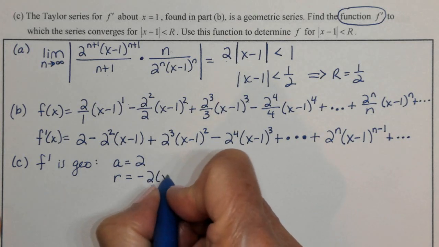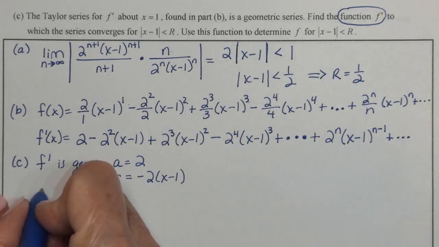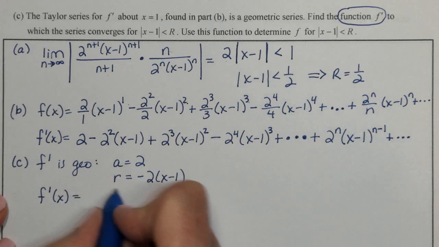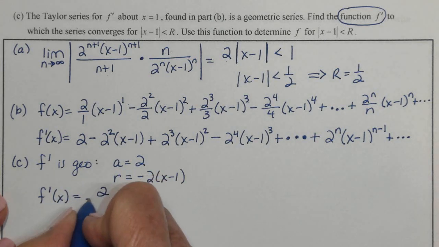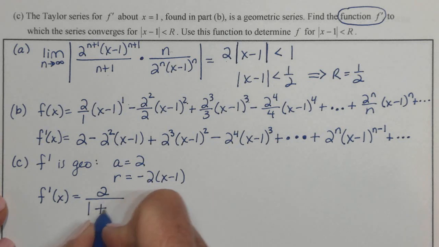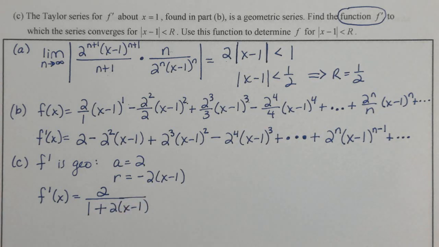Negative 2 times x minus 1. That is the common ratio. Therefore, f prime is equal to 2 over 1 minus r. That is the sum formula.